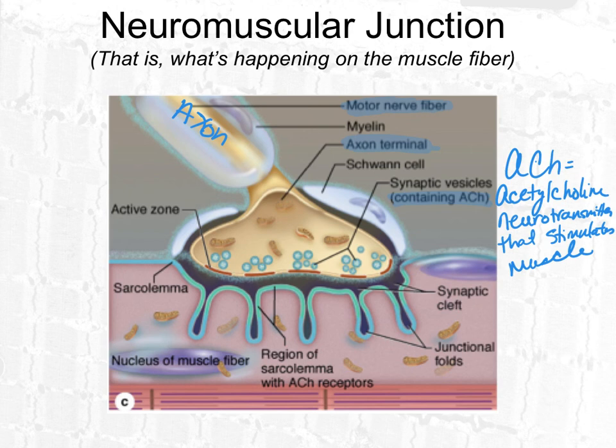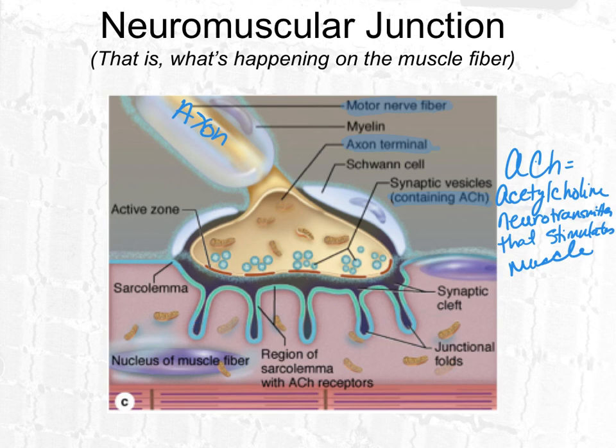So signal comes down, the ACh gets released, it crosses the gap and gets bound to acetylcholine receptors in the sarcolemma, which is the muscle membrane.